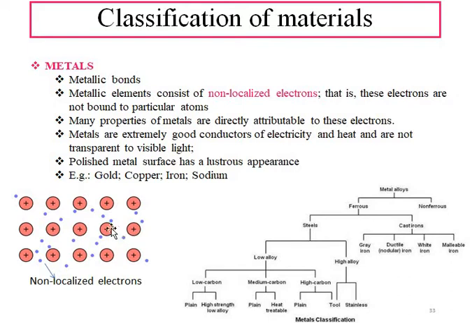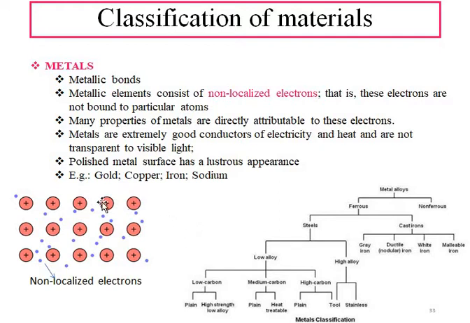Some properties are, for example, that metals are extremely good conductors of electricity. If you take some ceramic or polymer, those are not good conductors of electricity, and not only electricity, but also heat. Metals are also not transparent to visible light, because they do not allow any visible light to pass through.